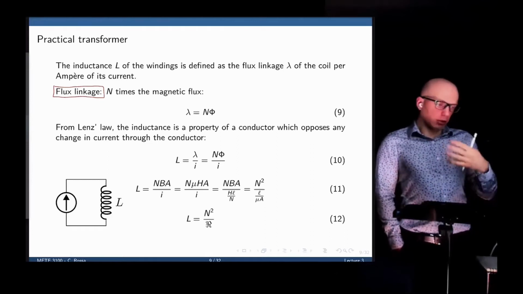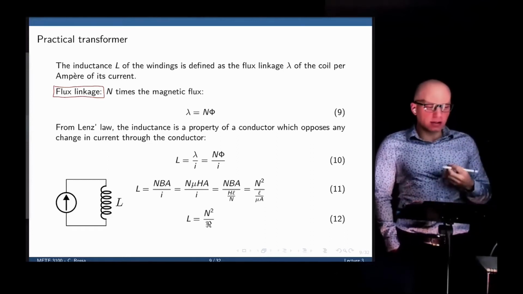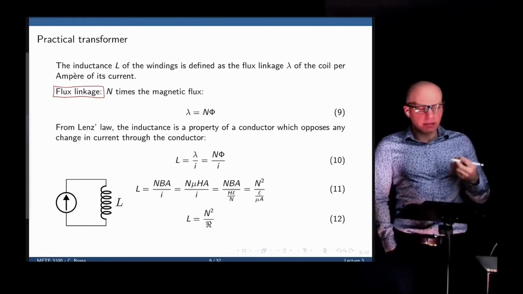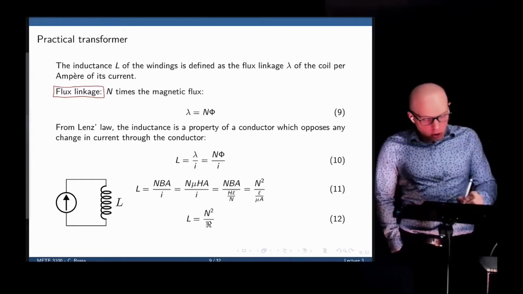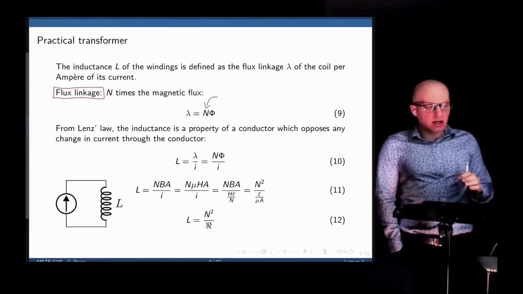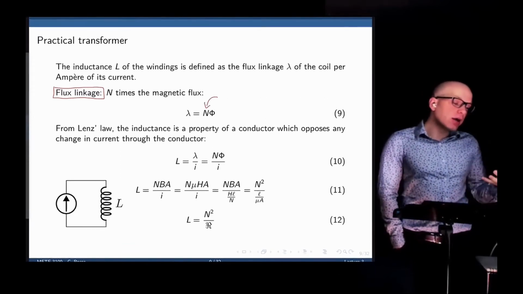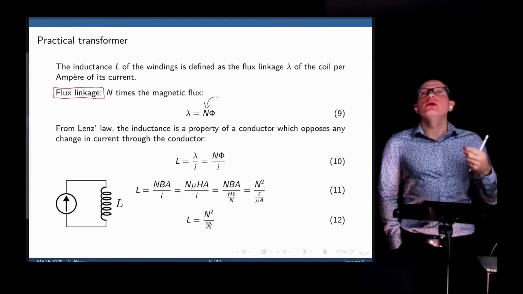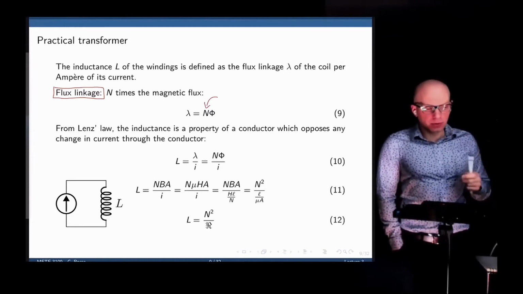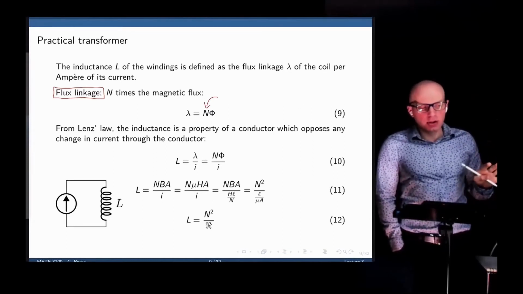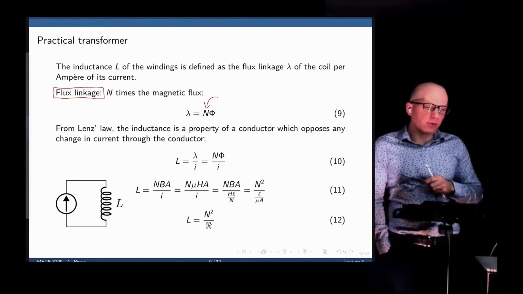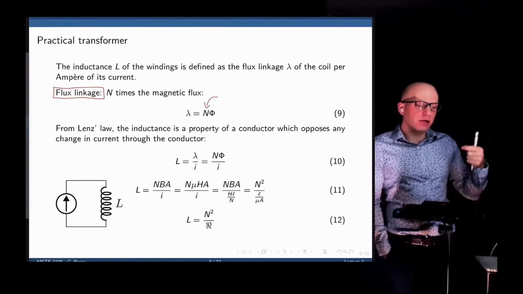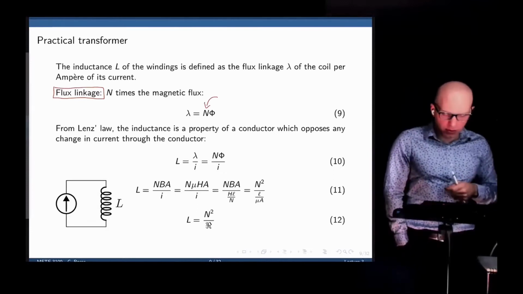The closest I can get is to say that the magnetic flux linkage is the magnetic flux times the number of turns in a coil, or how many magnetic flux lines are there with respect to the number of turns in the coil. Very poor interpretation, but that's the best one I found.